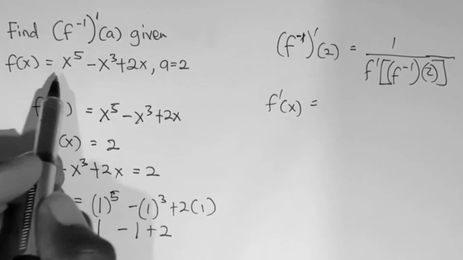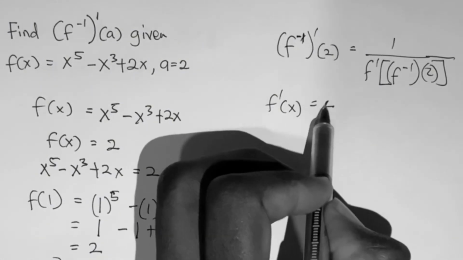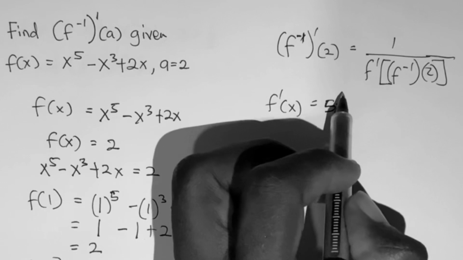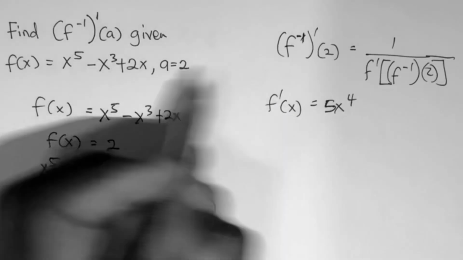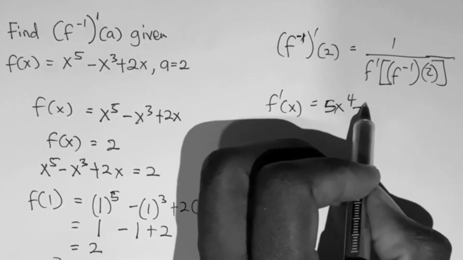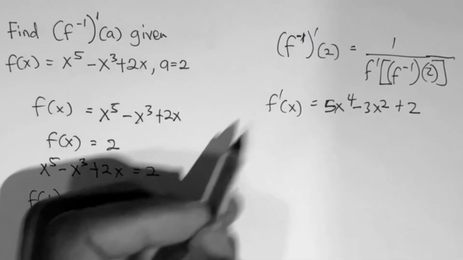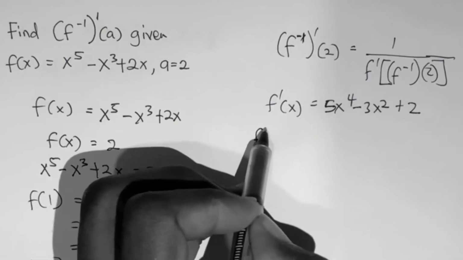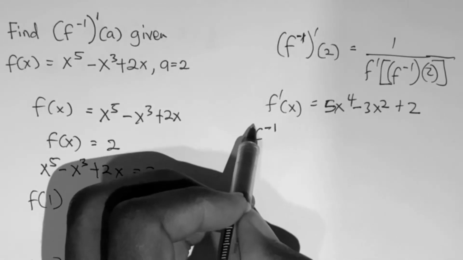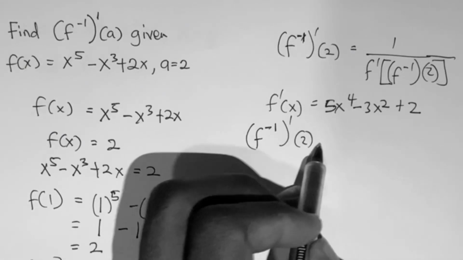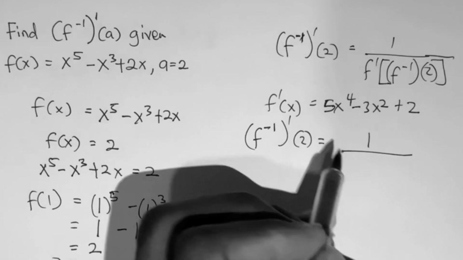This is equal to, if you differentiate x exponent 5, you get 5x exponent 4. And if you differentiate x cubed, we get minus 3x squared. If you differentiate 2x, you get plus 2. So it means that f inverse prime of 2 is equal to 1 divided by.